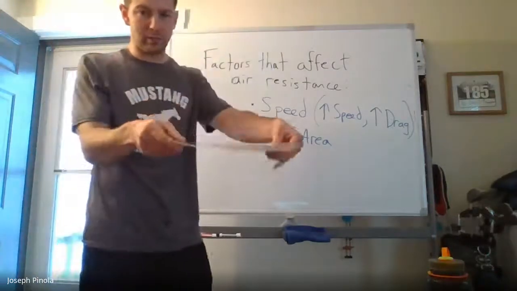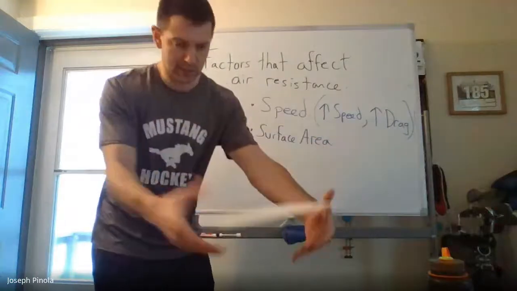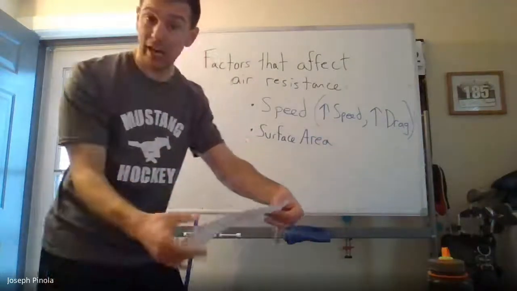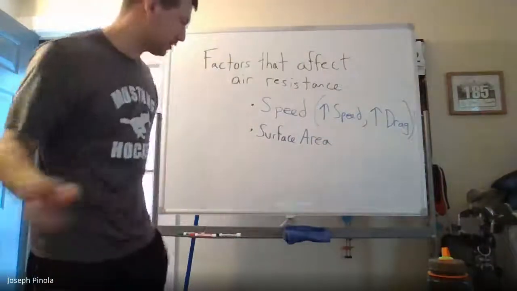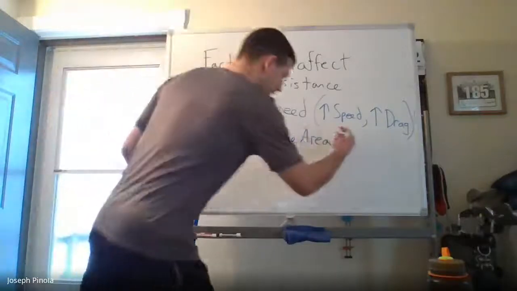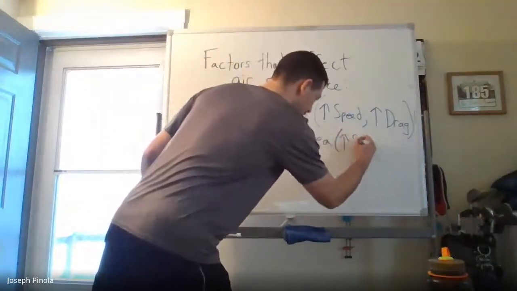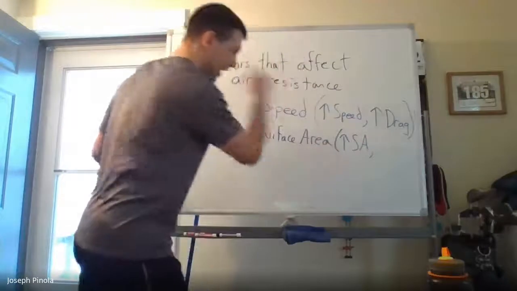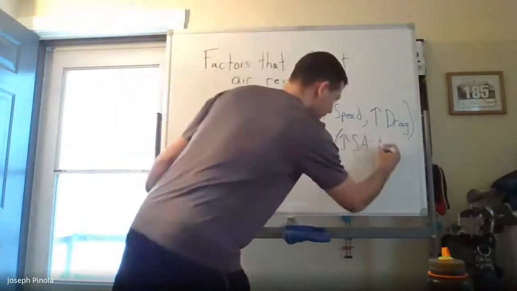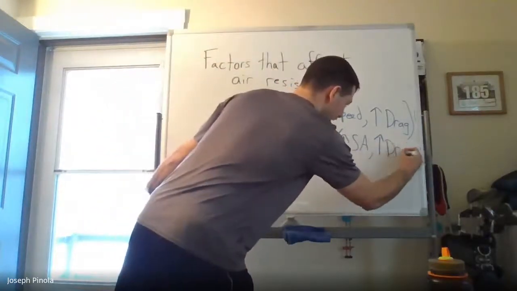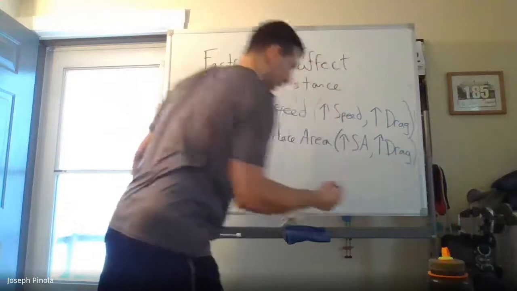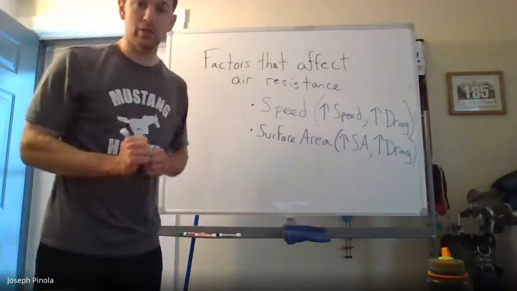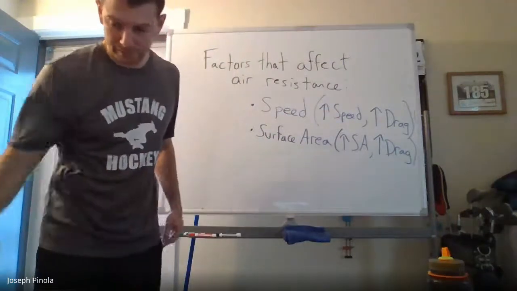So that's why when you drop a piece of paper like this, it experiences a lot of air resistance as it falls. And that's because as the surface area, which I'll abbreviate SA, goes up, the amount of drag or air resistance or fluid friction will increase as well.